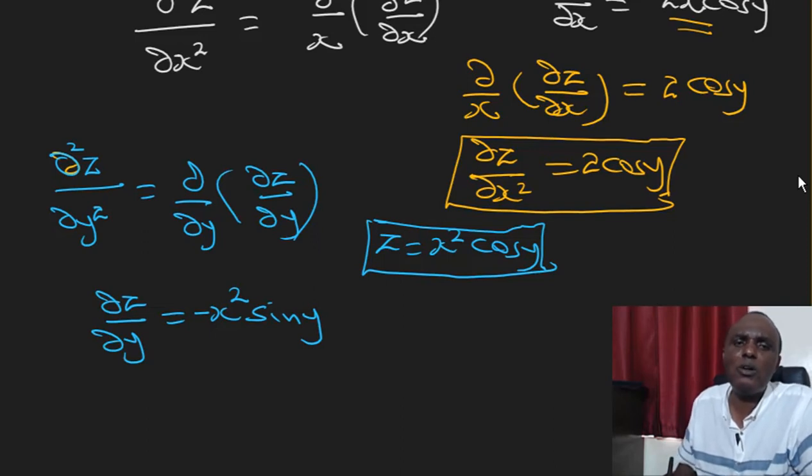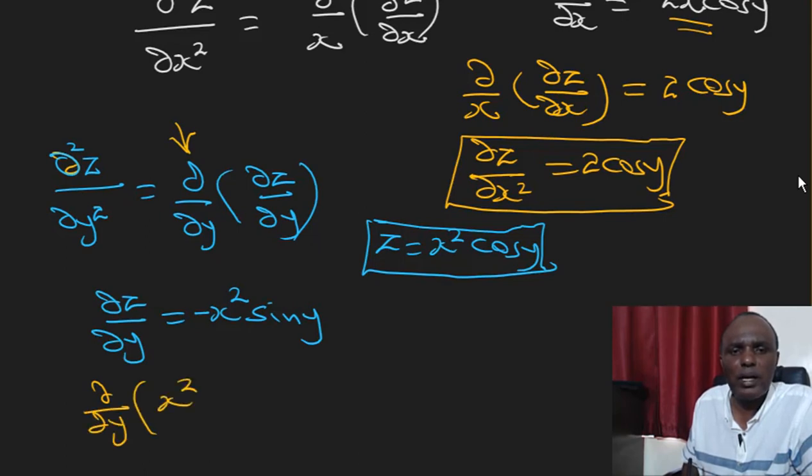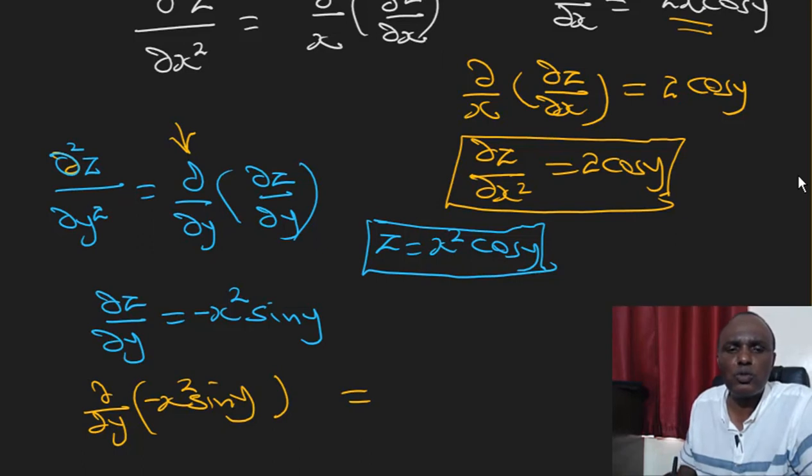Let us now do the second derivative of this answer. ∂ over ∂y of this function, that is negative x squared sine y. We want to differentiate this with respect to y.